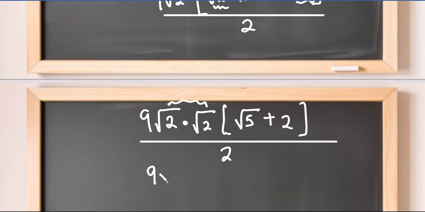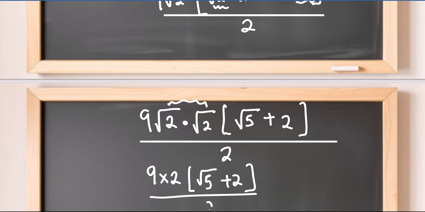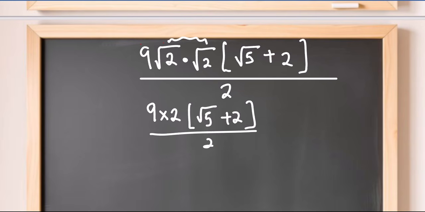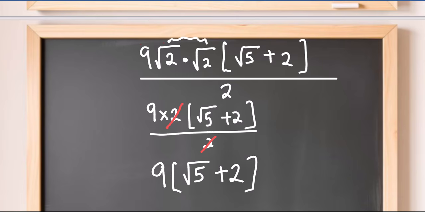I can have my 9 times 2 multiplied by the square root of 5 plus 2, all over 2. Now, looking at this, the 2s can easily cancel out. So I'm going to have finally 9 multiplied by the square root of 5 plus 2. This is going to be my final answer.